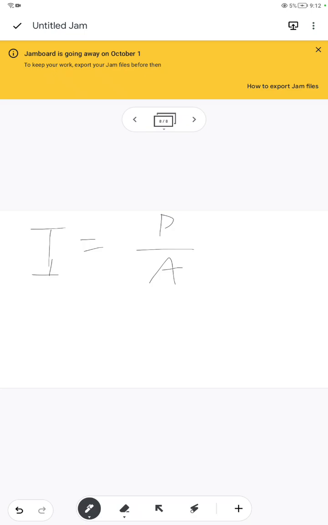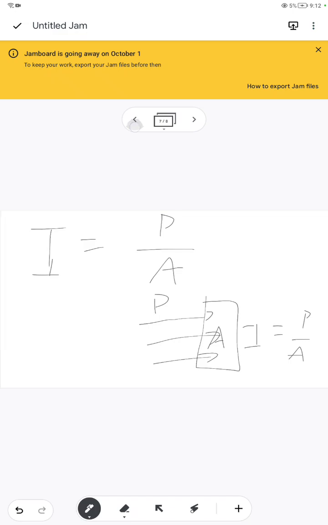You will know it later when we are solving the problem. So if we have something with a cross-sectional area of A, and it receives a certain amount of power P, the intensity is said to be P by A.